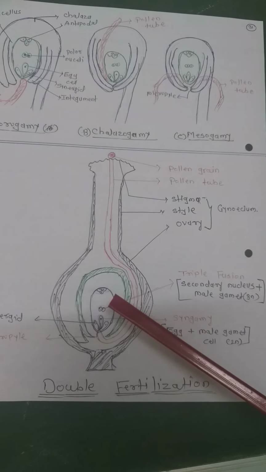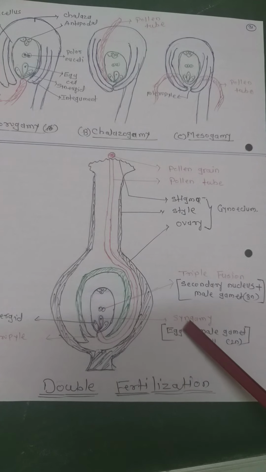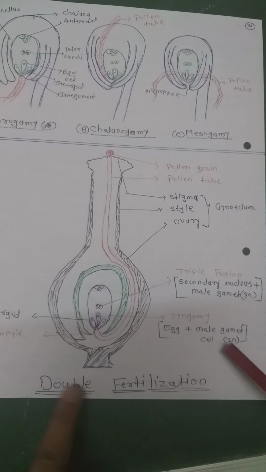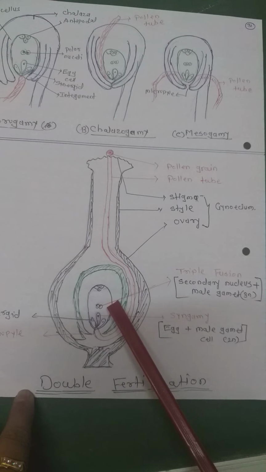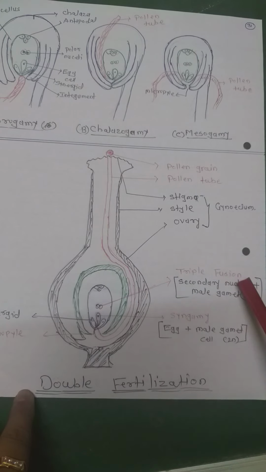One of the male gametes fuses with the egg to form a diploid zygote. This process is called syngamy, that is egg plus male gamete forms 2N condition. The second male gamete fuses with the secondary nucleus to form the primary endosperm nucleus, that is PEN, and the process is called triple fusion, secondary nucleus plus male gamete. Here the condition is 3N, so it is called triple fusion.